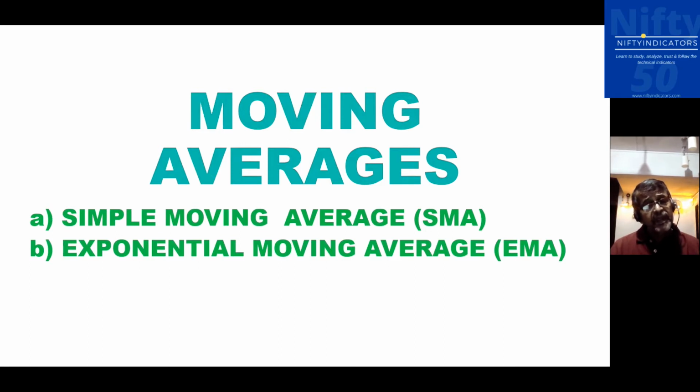They are not predictive by nature, but we are trying to read something from the past history and use it. Moving averages are two types: simple moving average, that is SMA, and exponential moving average, that is EMA.